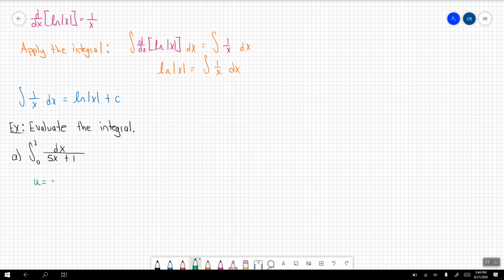And this is my substitution, that u is equal to 5x plus 1. So if u is equal to 5x plus 1, then that means du is just going to be 5x dx. Furthermore, x dx is just 1/5 du.